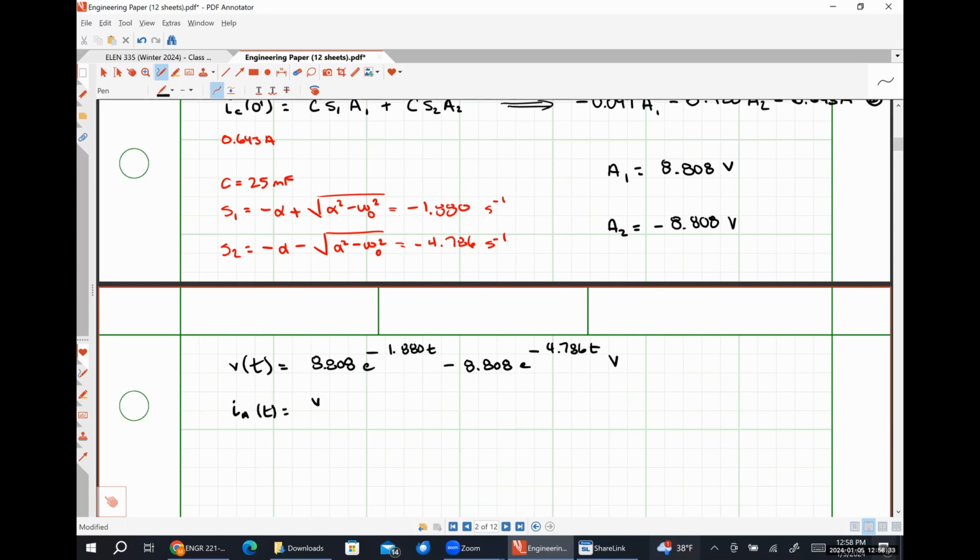And IA of t is just V of t over 6 ohms. So 8.808 over 6 is 1.468 e to the negative 1.880 t minus 1.468 e to the minus 4.786 t amps.